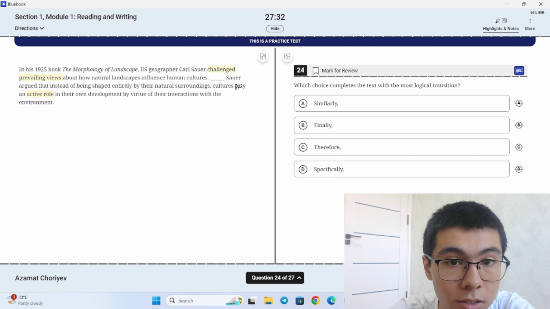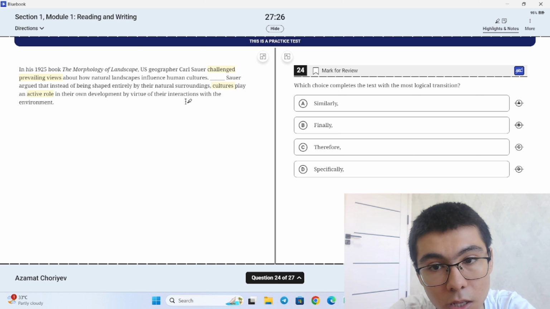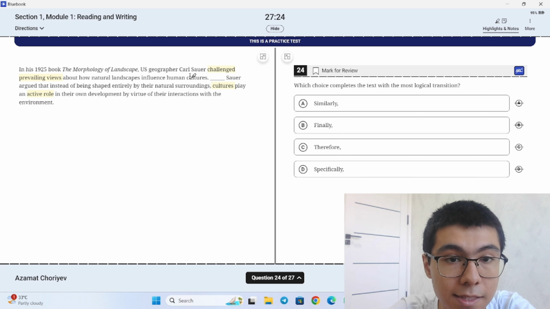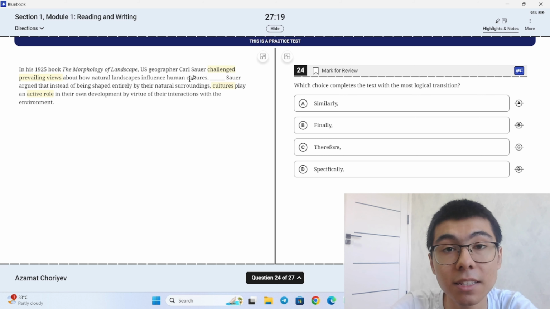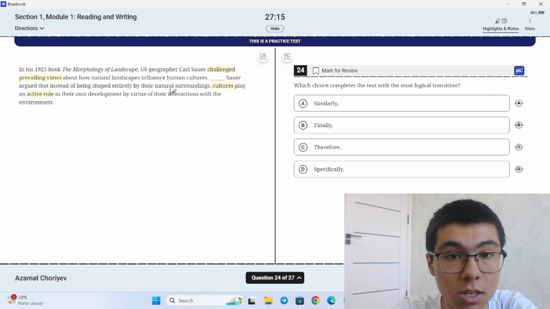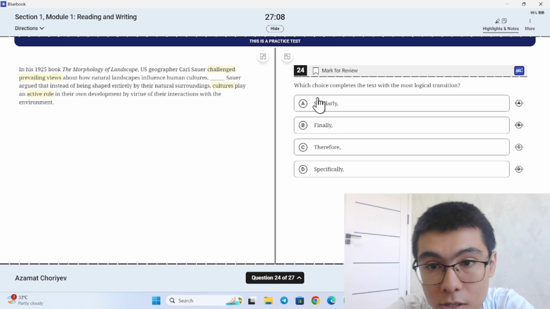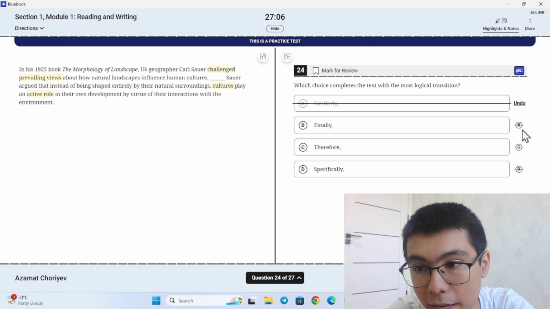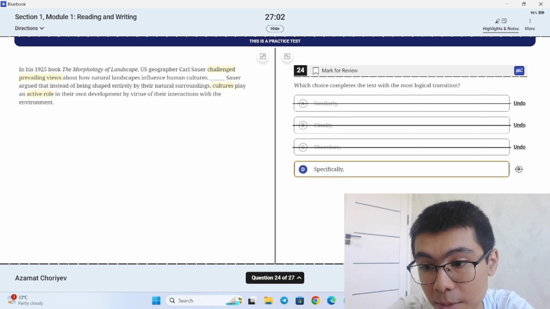So in this case, it's telling that he or she challenged views, and then in the next sentence, it's telling specifically what views he or she challenged. So I want something like, for example, or for instance. Let's have a look at choices. Similarly, no. Finally, no. Therefore, no. Specifically is a synonym of for example.